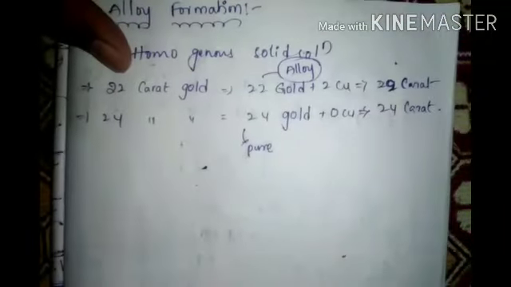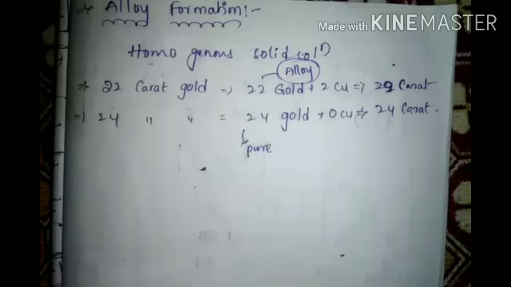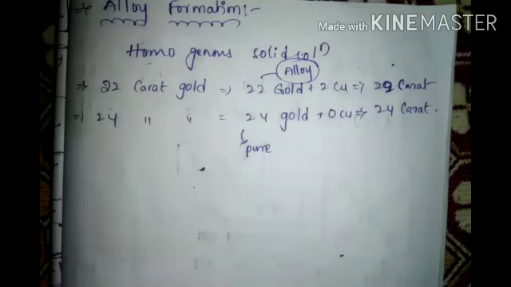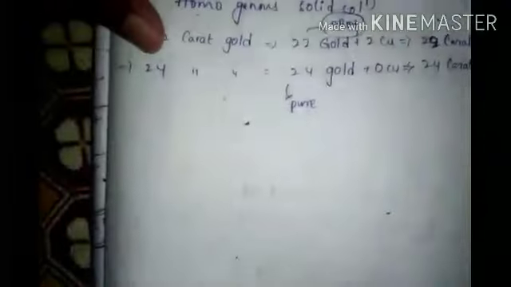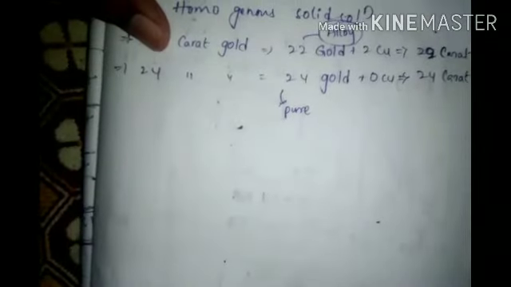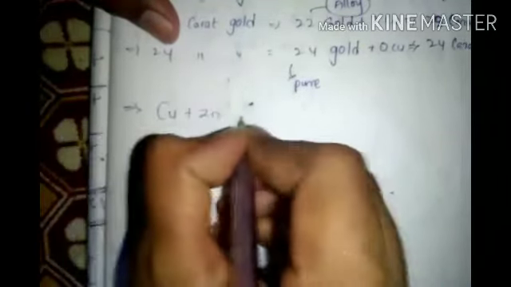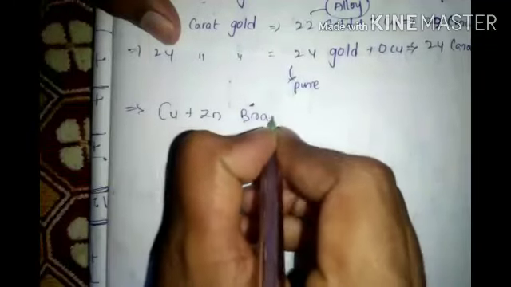Alloy means a mixture of 2 or 3 solids. It is called alloy. So how is it forming? Example, copper plus zinc is called brass.